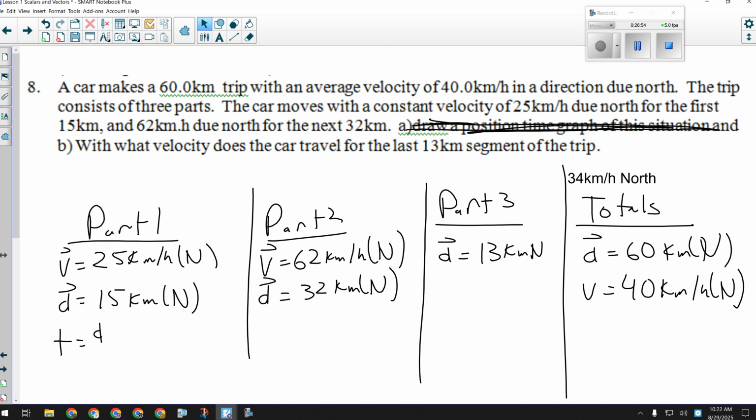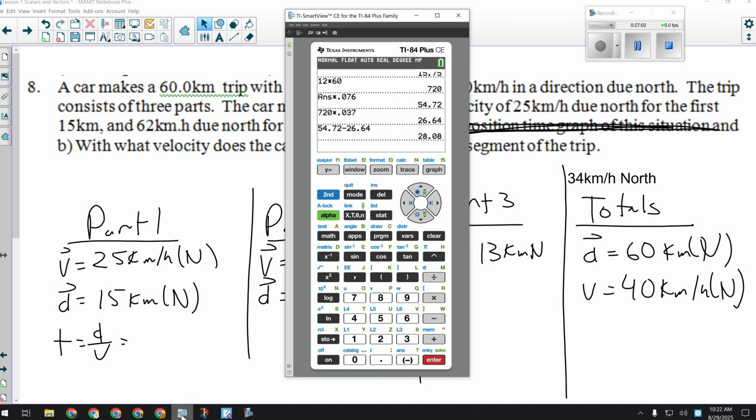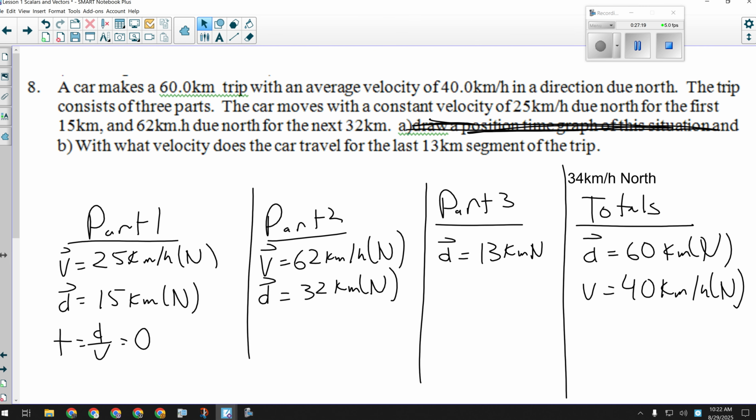So basically I'm going to do this calculation at least 3 times. T equals D over V for part 1, so that's going to be 25 divided by 15. Whoops, sorry, wrong way, backwards. 15 divided by 25, D over V. So that one's going to be 0.6, so that's going to take 0.6 hours.